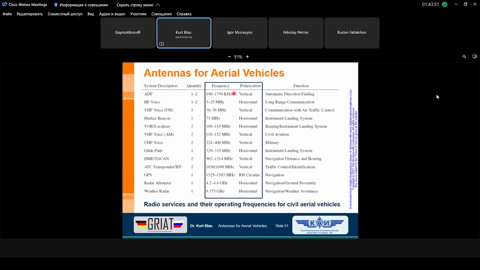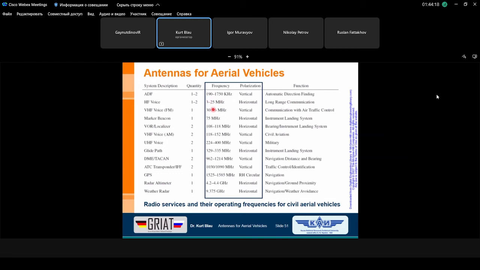Here, automatic direction finding. Then this frequency range, and here also the polarization is given. Long range communication, not only over satellite. In most cases it's communicated via satellite, but you have other areas in the world where they can only use these frequency bands.